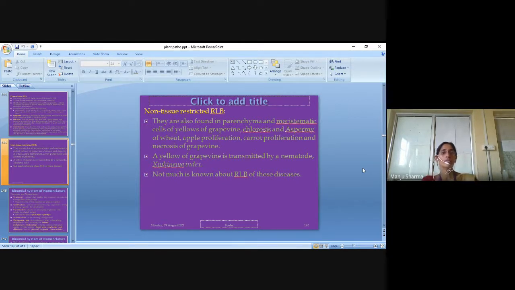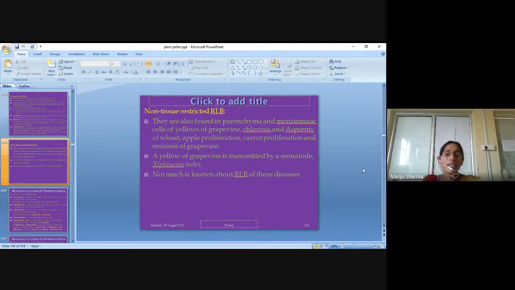So these are the RLB in which we discussed xylem-limited bacteria and phloem-limited bacteria. Xylem-limited bacteria directly invade the xylem tissue and absorb the water content.